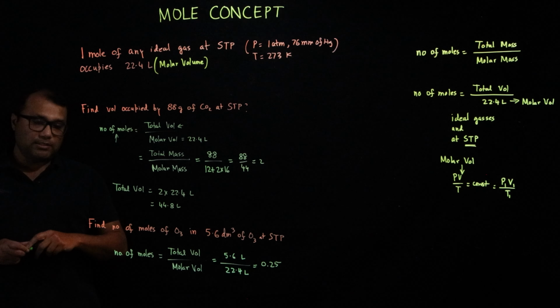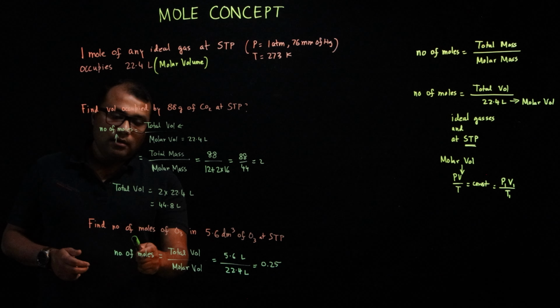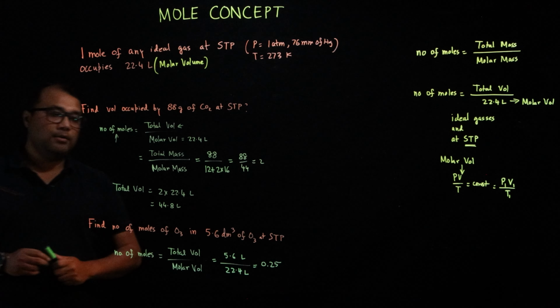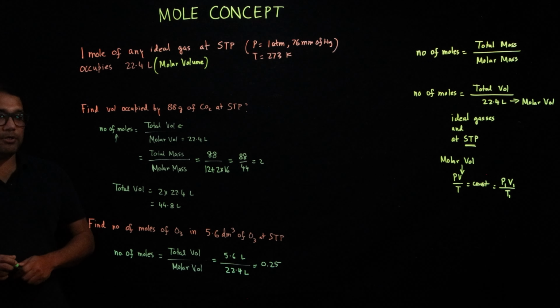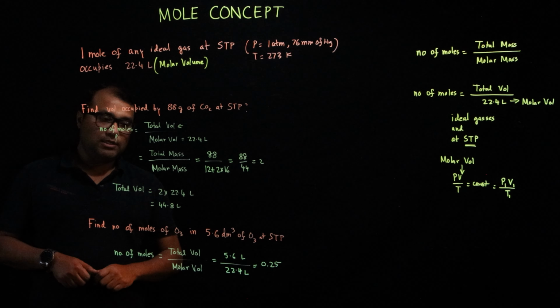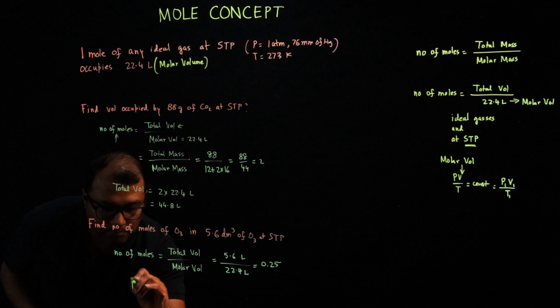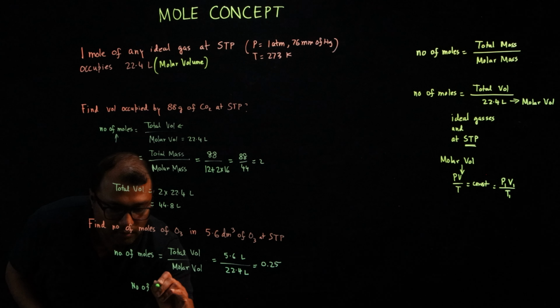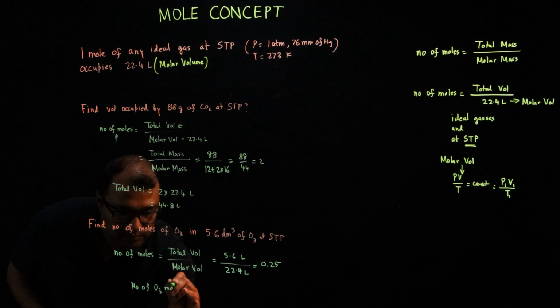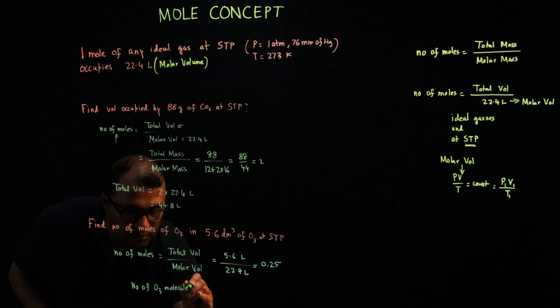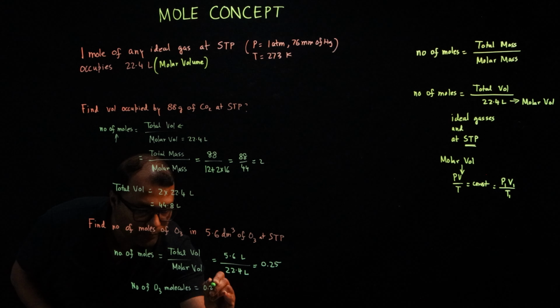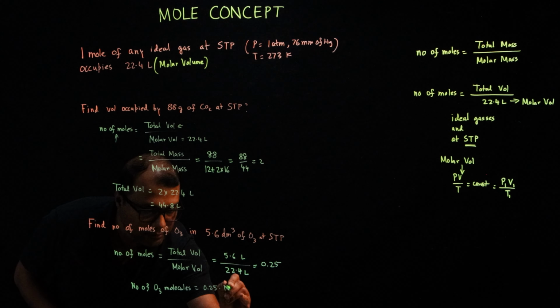Now if I ask you how many ozone molecules are there in 5.6 decimeter cube of ozone at STP, once you have found out the number of moles, the number of O3 molecules will be 0.25 times Avogadro's number, Na.